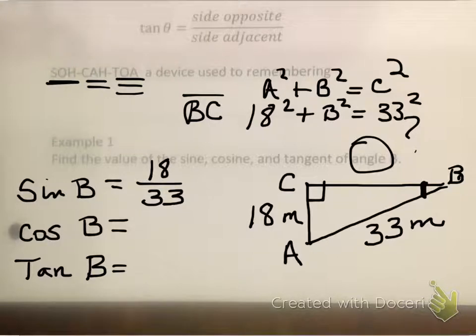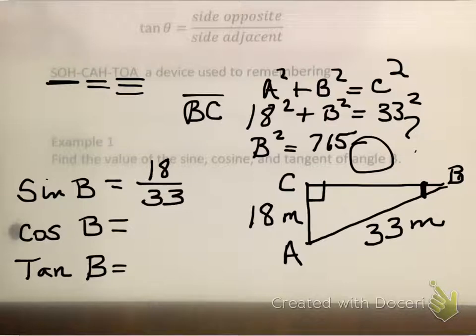So now I need to solve for b squared. When I solve for b squared, I'm going to get 33 squared, and then I'm going to need to subtract 18 squared over to the other side.